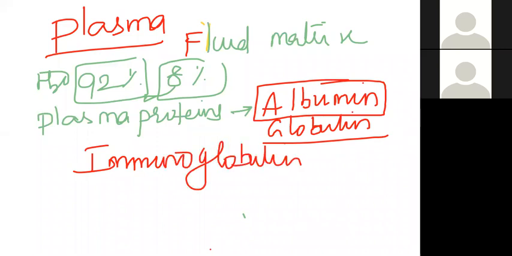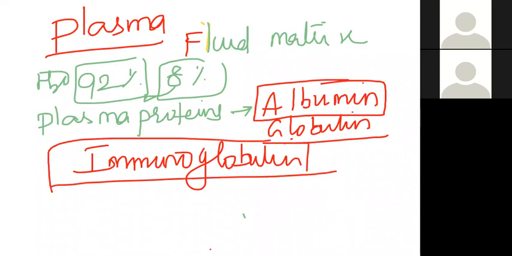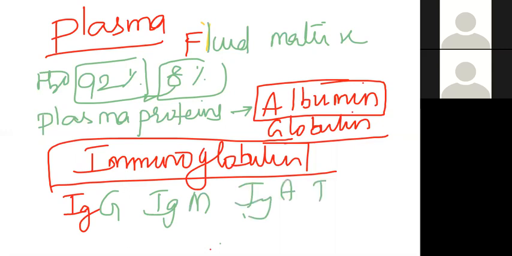It's a plasma protein. Nowadays this word is much pronounced by people because of the COVID pandemic. We call it Ig, immunoglobulin. There are 5 types of immunoglobulins: IgG, IgM, IgA, IgD, and IgE. We'll discuss this in the immunology chapter.